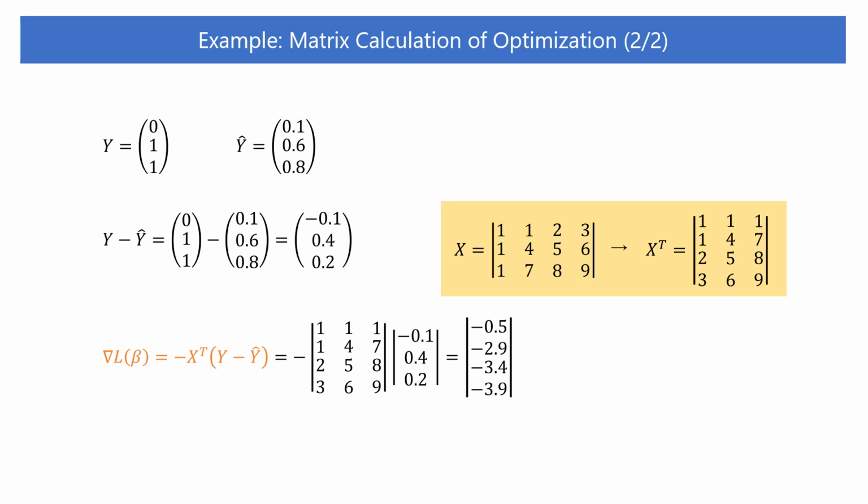Then, computing the product of this prediction error and the transpose matrix of the matrix X of the predictor variables, we obtain the gradient of the loss function. This gradient represents how the loss function varies for each parameter. Specifically, we update the parameters by subtracting this gradient multiplied by the learning rate from the parameters. This update step is repeated to minimize the loss function and optimize the model.